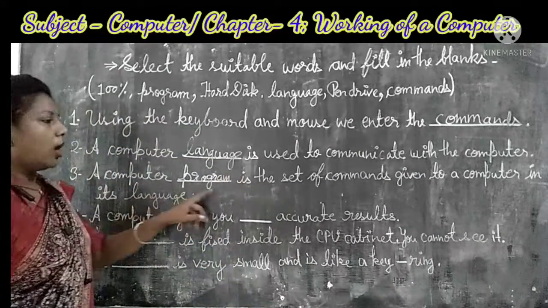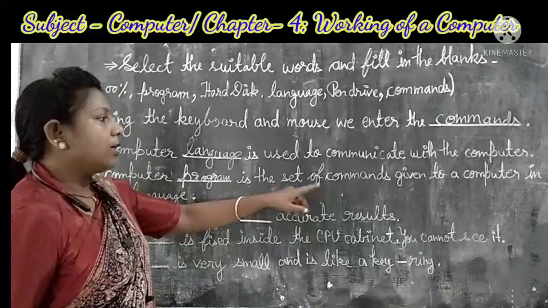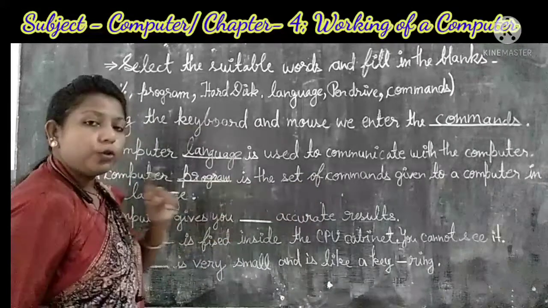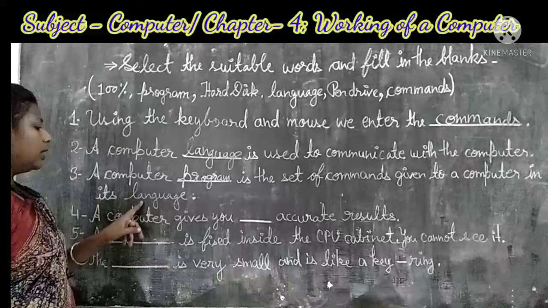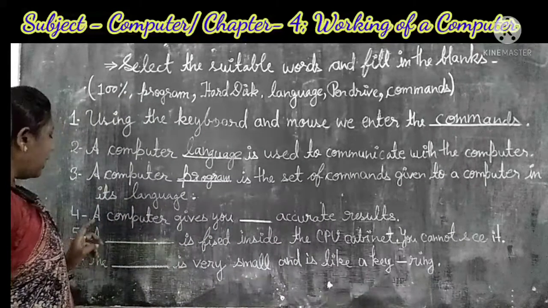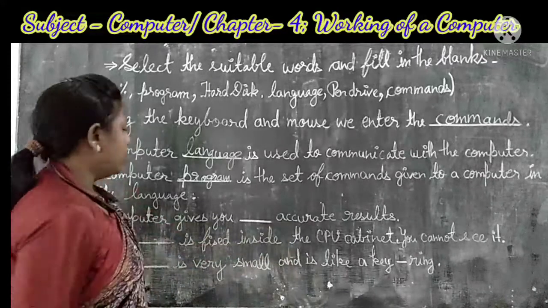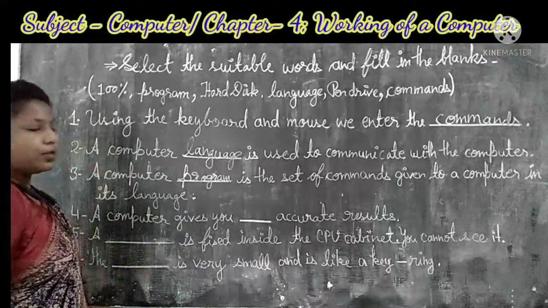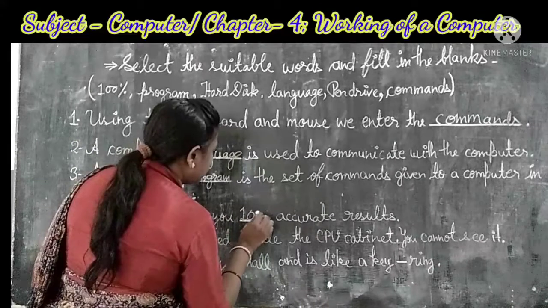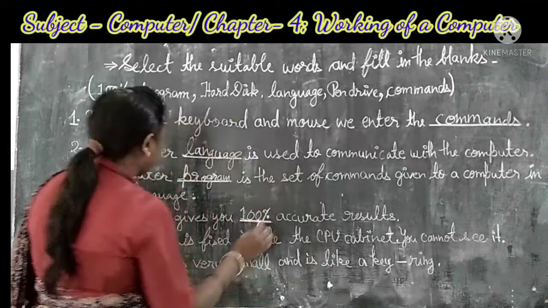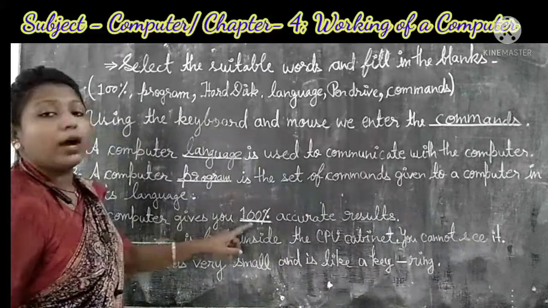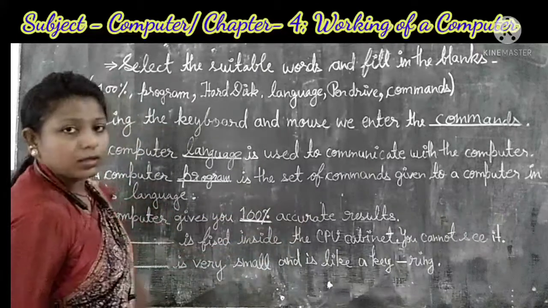A computer program is the set of commands given to a computer in its language. Okay? And your fourth line is, a computer gives you dash accurate results. And your correct option is 100%. A computer gives you 100% accurate results.